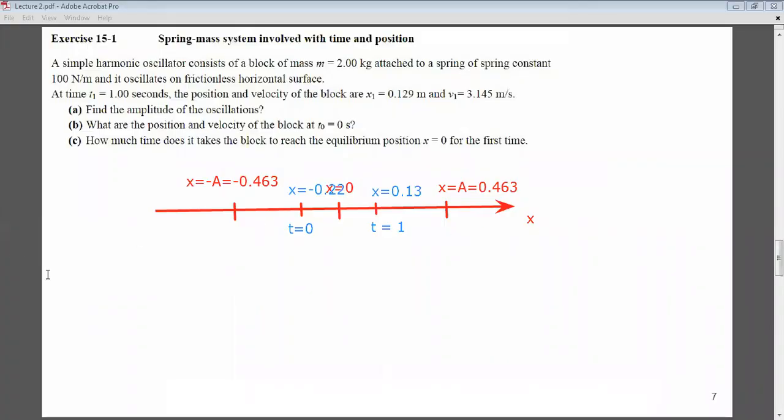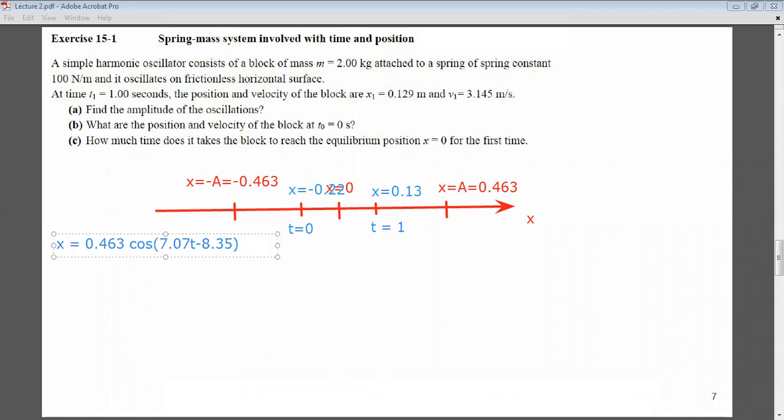So let's analyze the question before we solve it. So part C. Remember now that we have the full equation. X is equal to 0.463 cosine of 7.07t minus 8.35. Remember here, all your calculators should be in radian in order to get the proper answer.